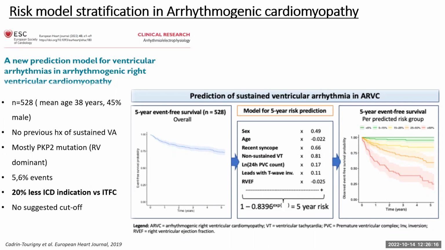Yet, it still has some limitations since it only considers the RV ejection fraction among the imaging parameters and was developed from a cohort with predominant plakophilin mutation, mostly related to the RV dominant disease. It is important to underline that unlike the HCM risk score, this one does not provide a risk threshold to suggest or recommend the ICD implantation.